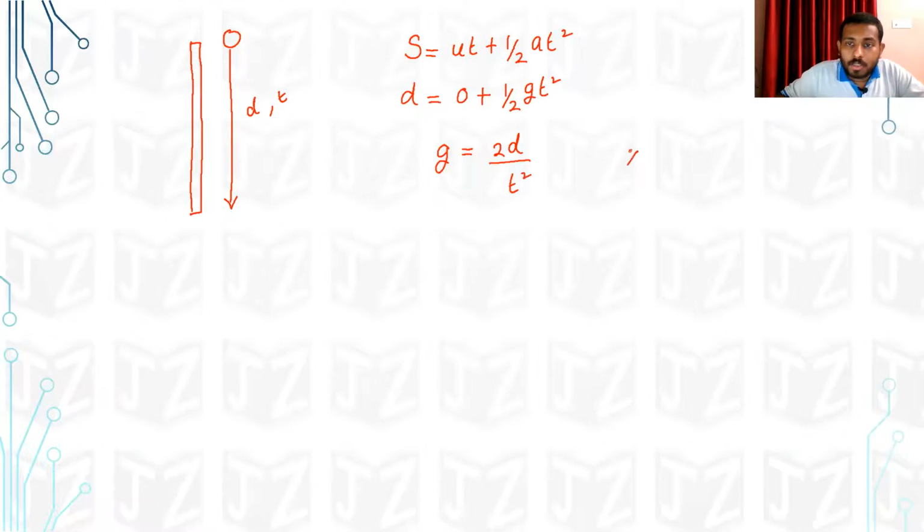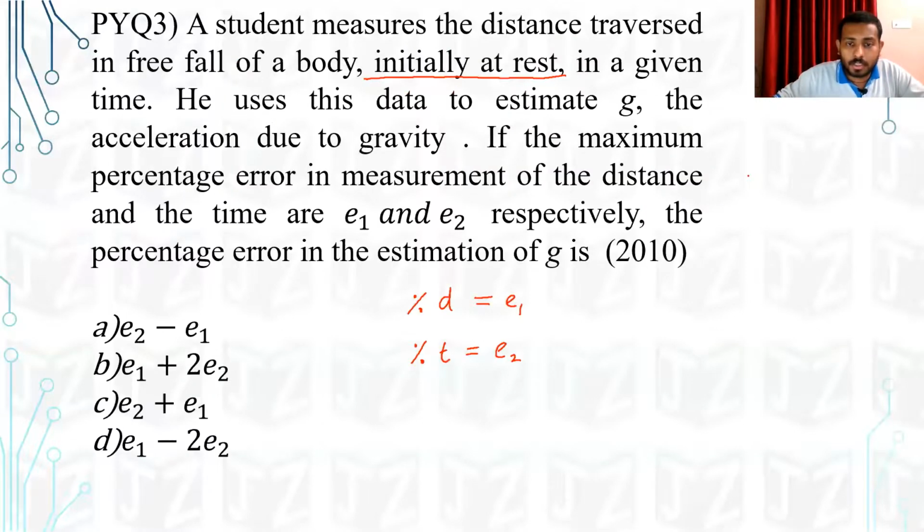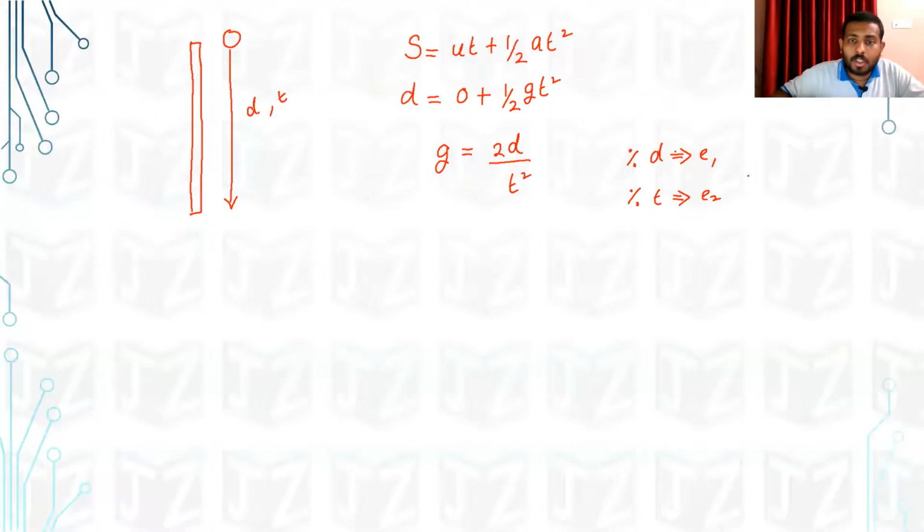Now in the question it is given that the percentage error in d is E1 and the maximum percentage error in the measurement of time is E2. So we have to find the percentage error for the estimation of g. By using the theory we have learned for the combination of errors, we can write delta g by g into 100, that is the percentage error in g, is equal to 2.